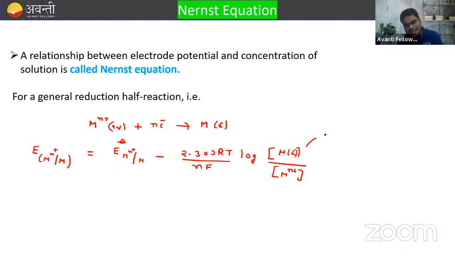So we know that in case of a solid, the concentration of the solid phase is taken as unity. This thing we already studied in the equilibrium chapter: the concentration of a solid phase or pure liquid is always taken as unity.